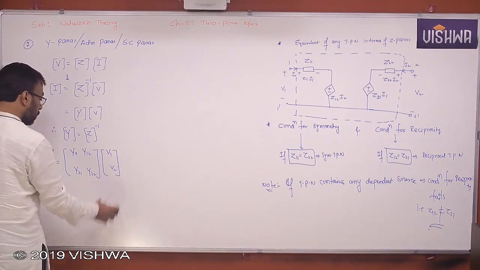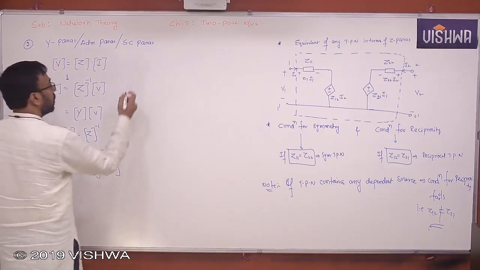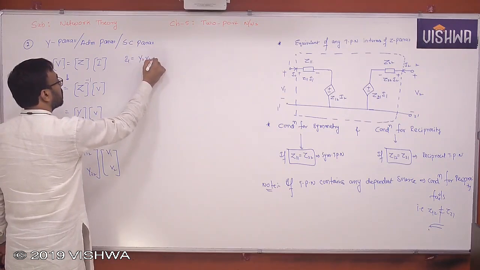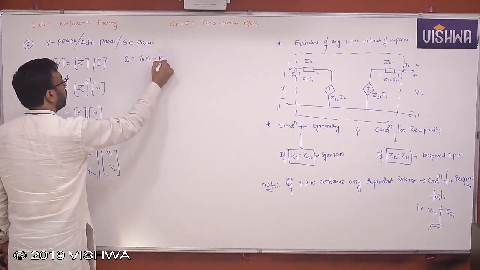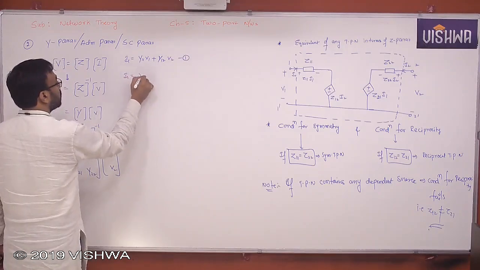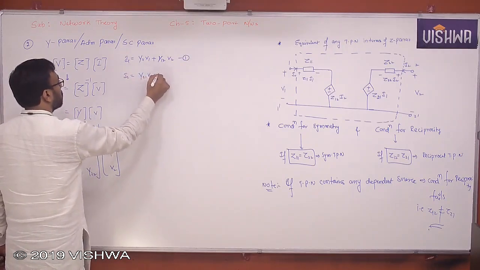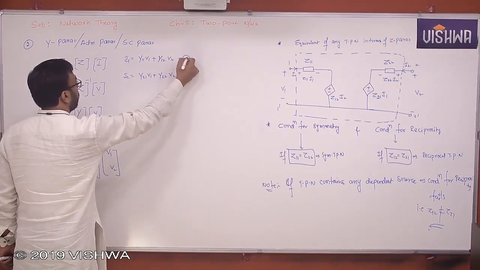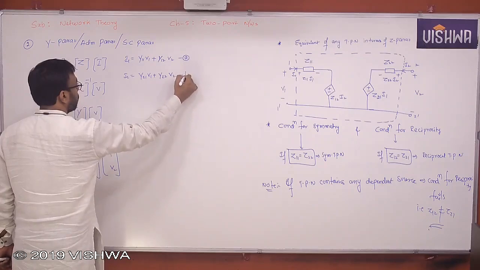I1 is equal to Y11 V1 plus Y12 V2, equation 1. I2 is equal to Y21 V1 plus Y22 V2. You call it equation A and you call it equation B.